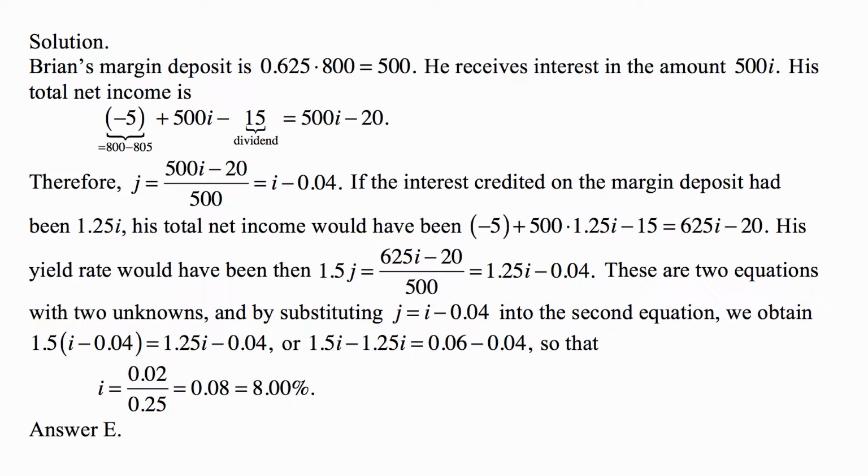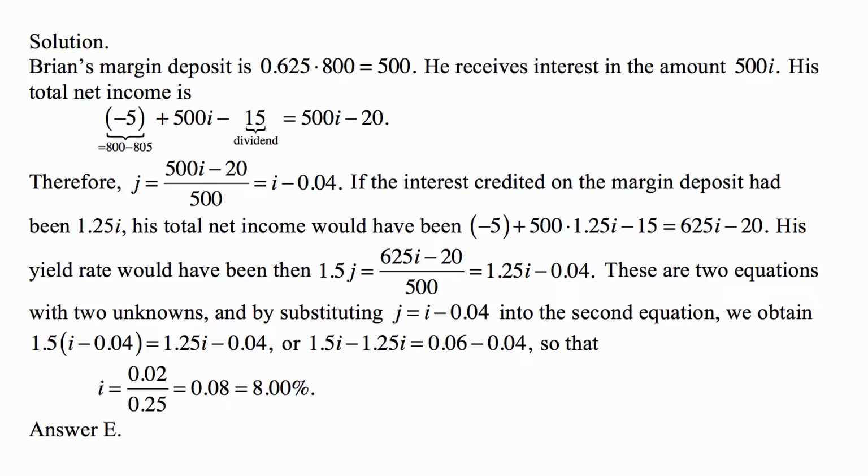So Brian's margin deposit is 62.5% of the amount of stock sold short, which was 800, so that's 500. He receives interest in the amount of 500I. His total net income is, well, he has a loss because he sold for 800 and bought for 805, plus, on the trade itself, has interest in the amount of 500I, and he has to pay a dividend of 15.